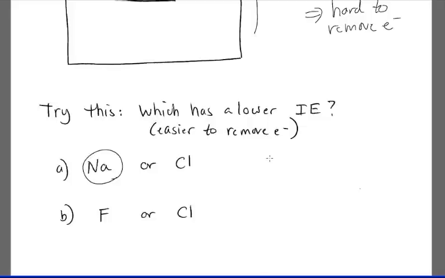Chlorine would much rather take a new electron than give one up, so it's got a much larger ionization energy. Then if you look at fluorine or chlorine, that's the trend going down a group, and it's definitely going to be easier for a larger atom to remove an electron because it's held more loosely. So chlorine's a larger neutral atom, and so it's easier to take off an electron, which means a lower ionization energy.